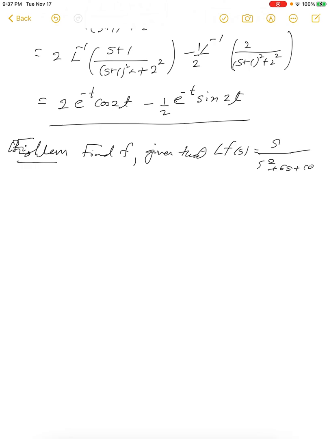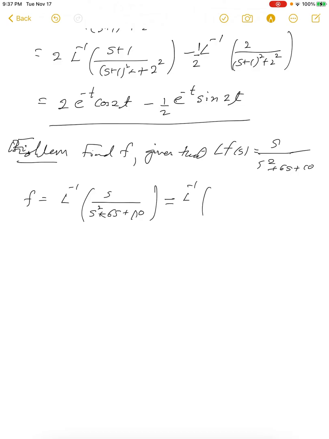So again, the denominator is an irreducible quadratic. That means you have to use, first you start by completing squares and then you use the shift formula 1.